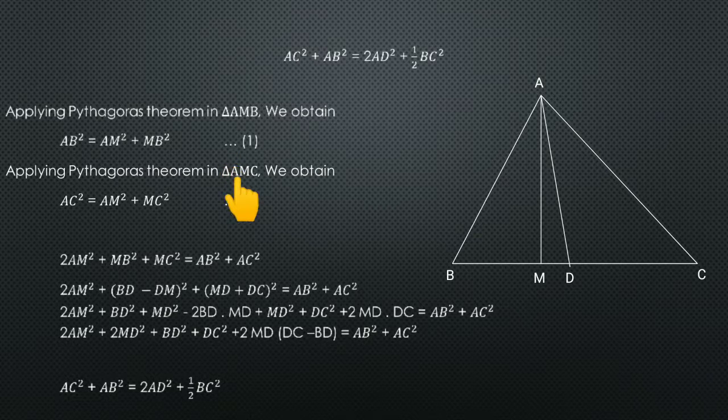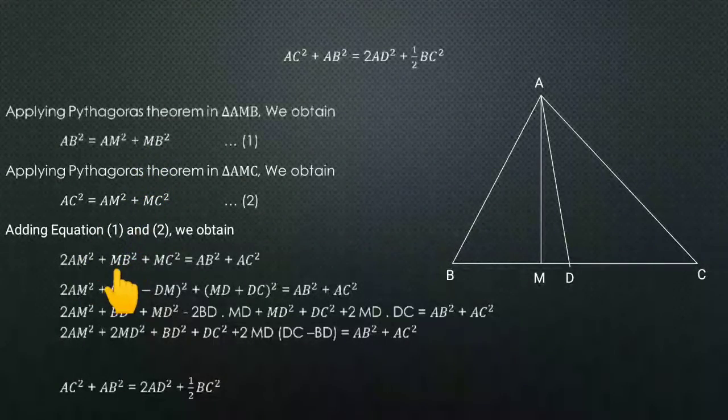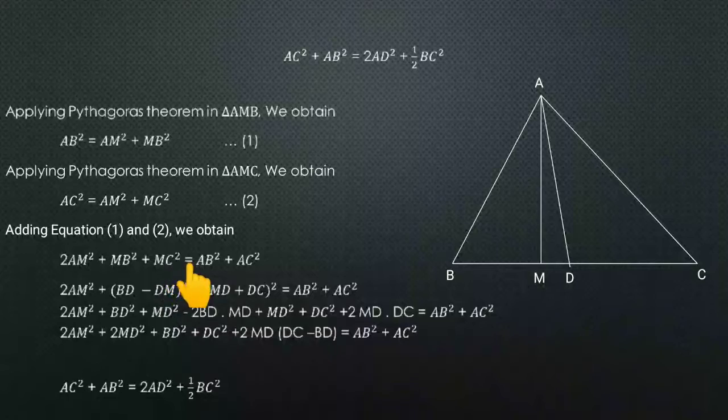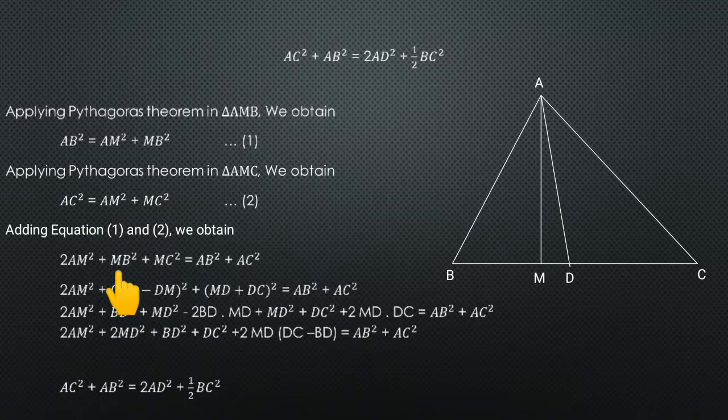Adding these two equations, equation 1 and 2, we obtain 2AM square plus MB square plus MC square is equal to AB square plus AC square. Now, 2AM square as it is, plus instead of MB we can write BD minus DM, and instead of MC we can write DM plus DC.